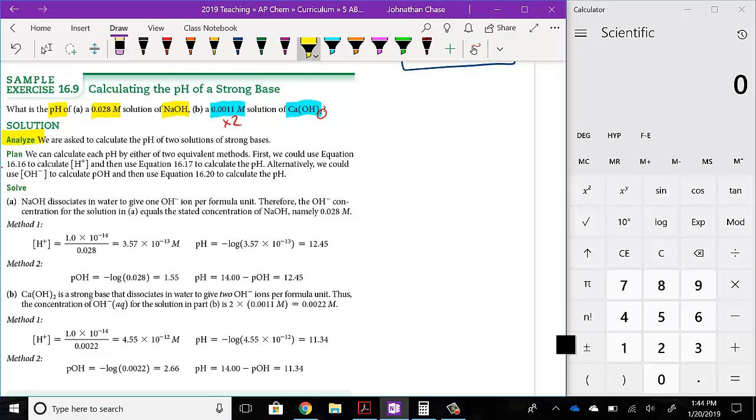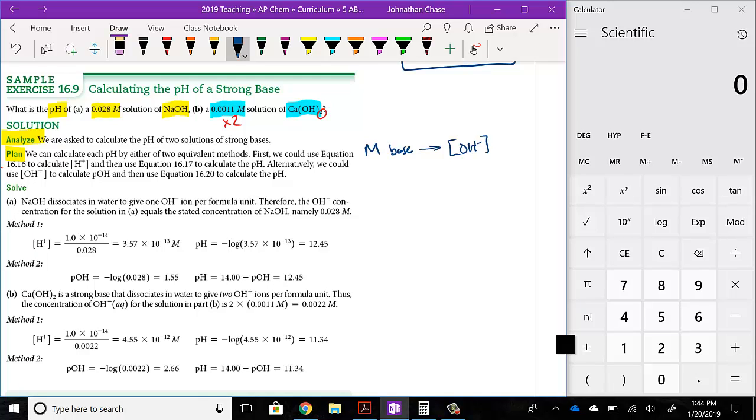Now that we've analyzed the problem, the plan is essentially there are two alternate methods that we can take. The first method is using the molarity of our original sodium hydroxide or calcium hydroxide, take our molarity of our base, convert it into the molarity of hydroxide ions, and that's going to be in a 1-to-1 or 1-to-2 ratio.